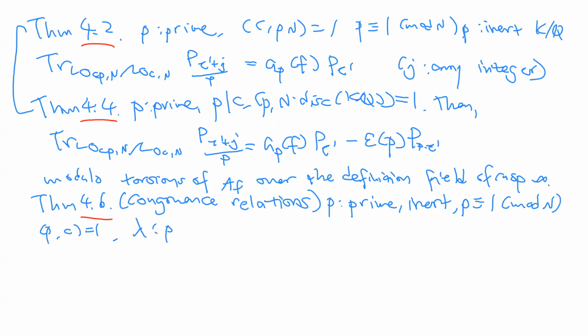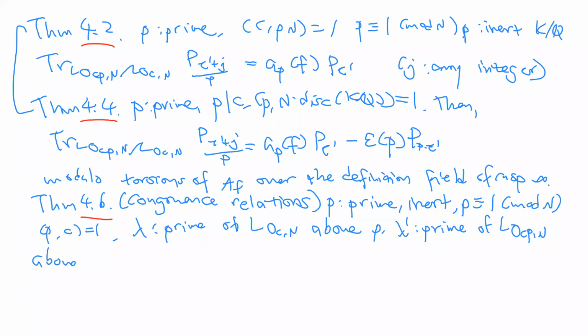Say lambda is a prime of L sub O C N, the ring class field of conductor C, level N. So say lambda is any prime above P. And say lambda prime in turn is a prime of the bigger ring class field, O sub CP of level N, above lambda.